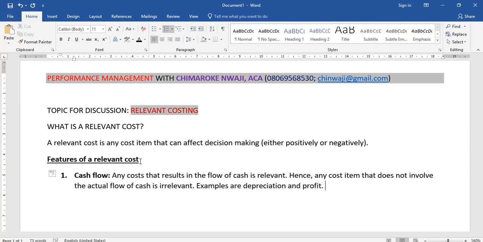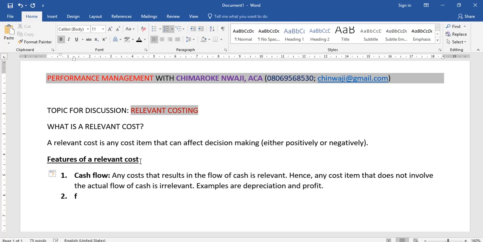Depreciation does not involve the movement of cash. It's just a recognition of a change in the value of an asset because of wear and tear. So it doesn't involve the flow of cash.